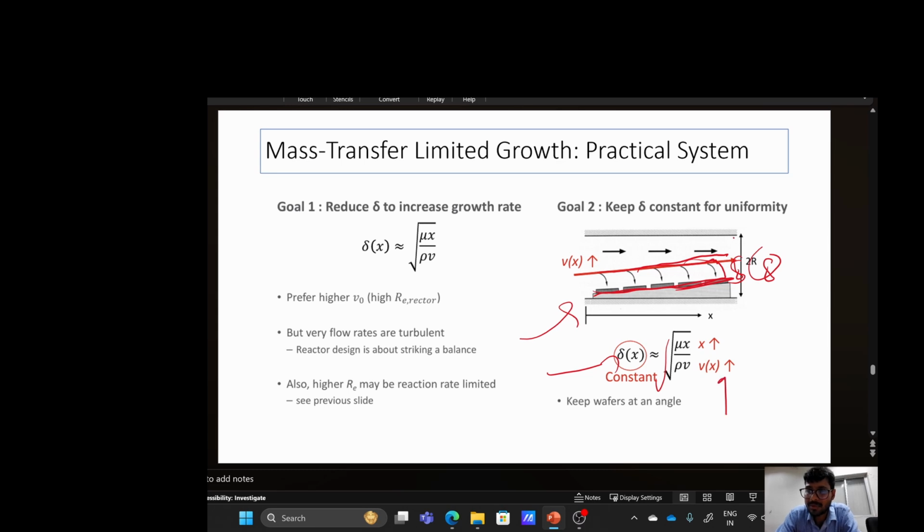Because the cross sectional area of the reactor is decreasing, the flow will be faster, and with the velocity you can tune the delta. Accordingly you can tune your design such that the thickness of the boundary layer will be constant.